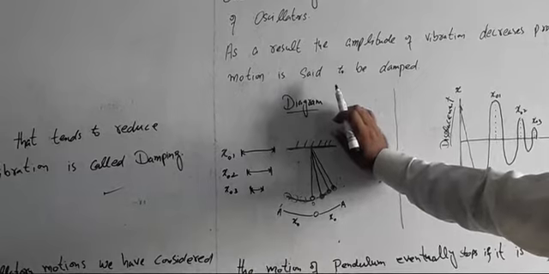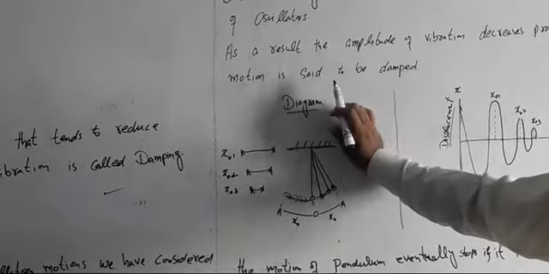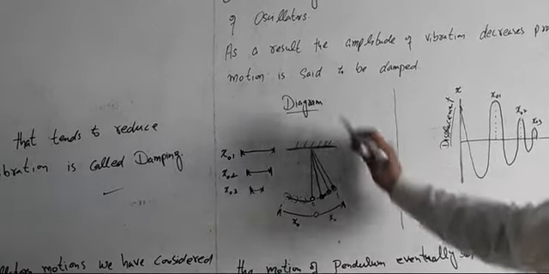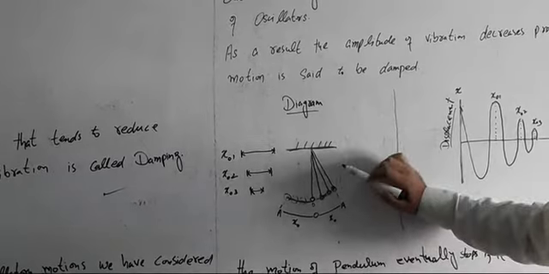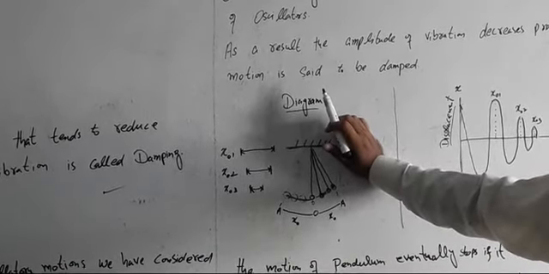For the ideal system, we consider that this amplitude is constant as well as its energy is constant. But in practical life, this doesn't happen because there are resistive forces that this simple pendulum faces.